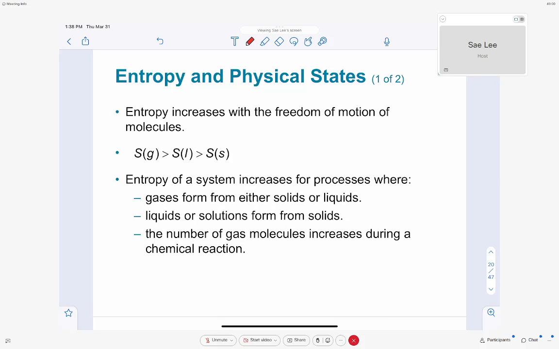Entropy increases as molecules have more freedom of motion. Between gas, liquid, and solid molecules, gas molecules will have the most freedom of motion, followed by liquid molecules, and solid molecules will have the least freedom of motion because they are confined. They're locked in a rigid environment.